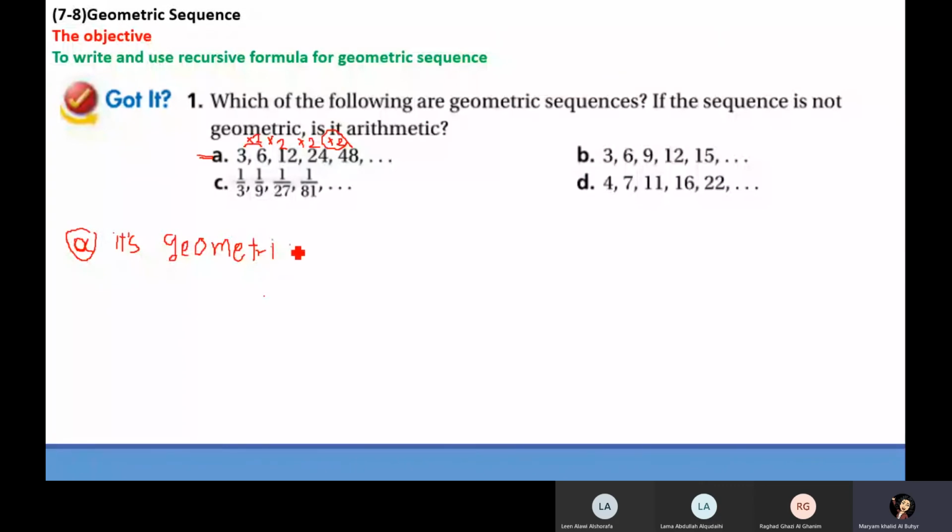So the first one, geometric, we might say reason.